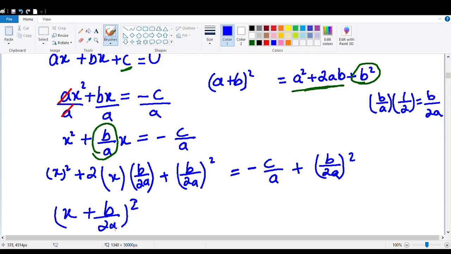And this will equal minus c over a. When you open this square, you'll get plus b squared over 2a whole squared, which is 4a squared.